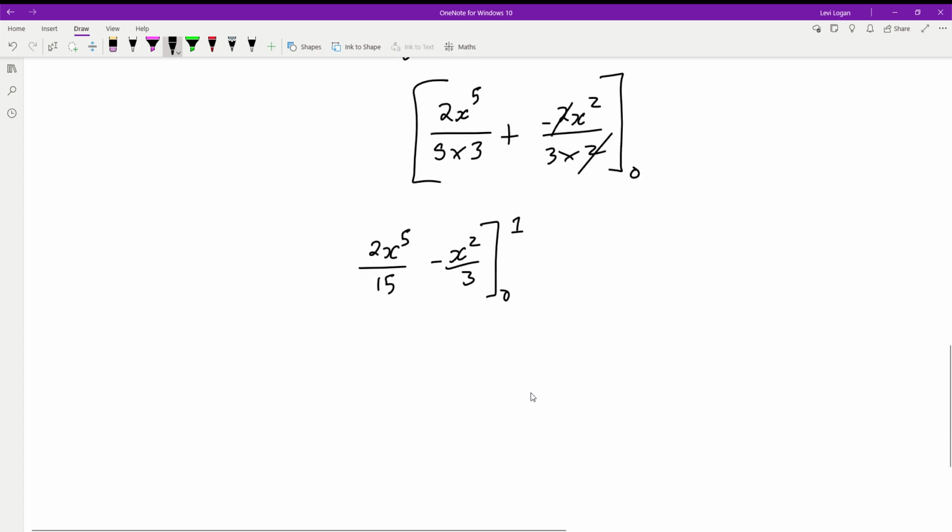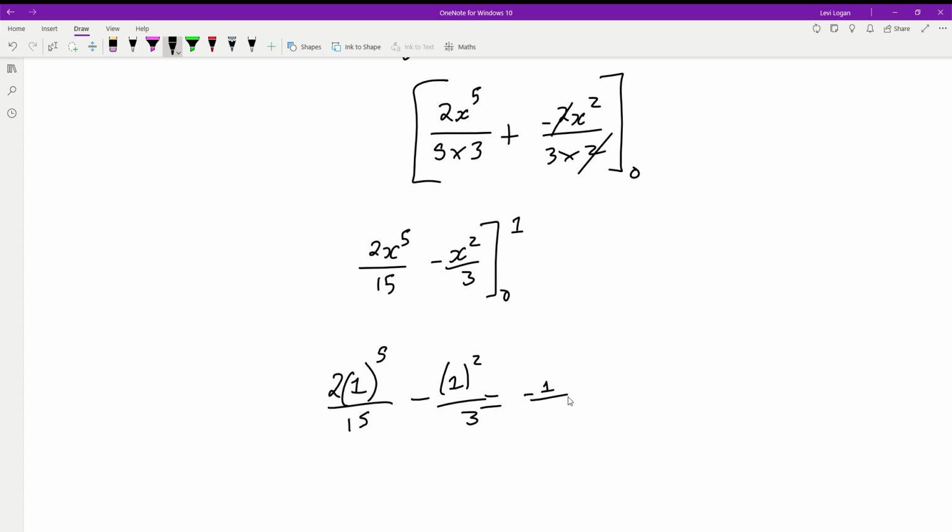Plug in the 1, because the 0 is just going to be 0 anyway. I'll plug it into my calculator. 2 on 15 minus a third gives me negative a fifth. So the work done is negative a fifth joules.